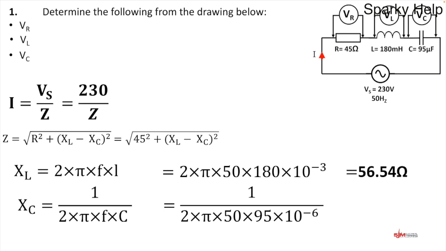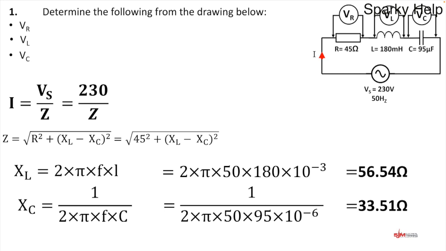As long as we put that into our calculator, that comes out at 33.51 ohms. So the inductive reactance is 56.54, and the capacitive reactance is 33.51. Remember, both of these are opposition to current flow.